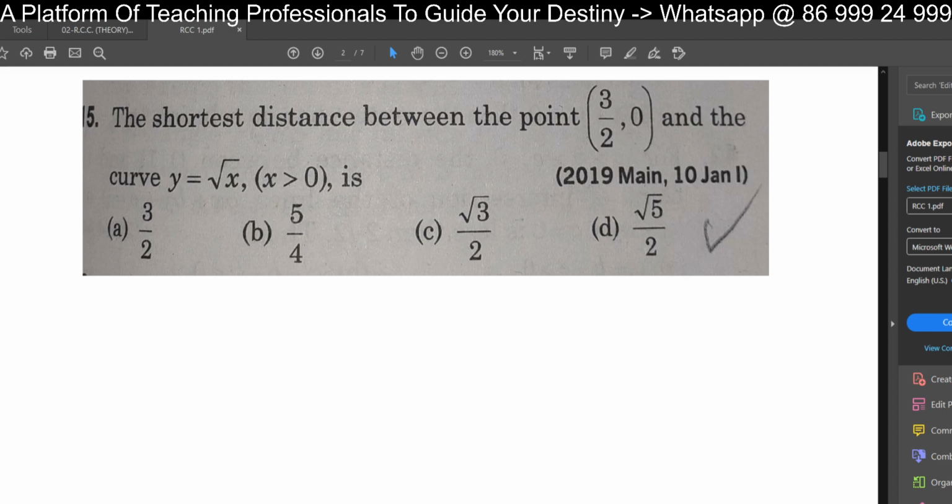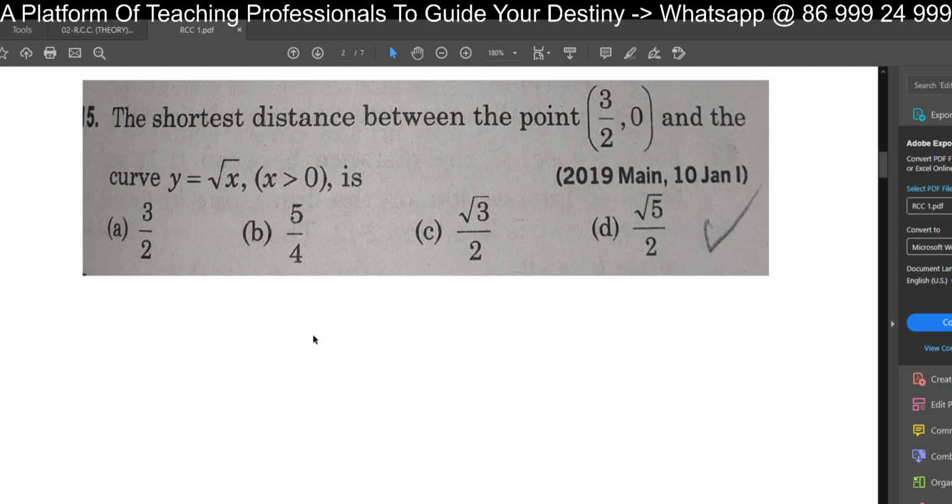Now you have to make the distance AP the shortest. Can you tell me what is AP, please?